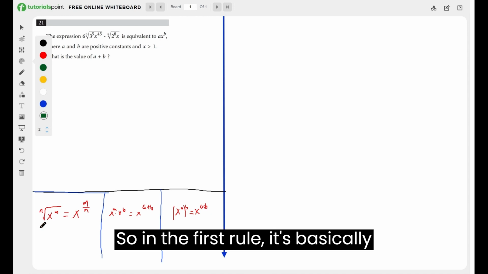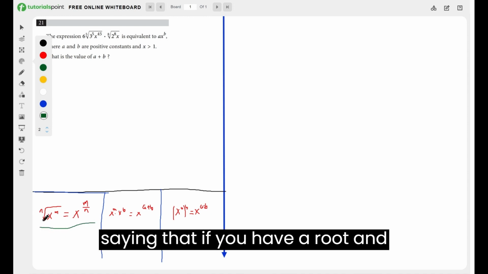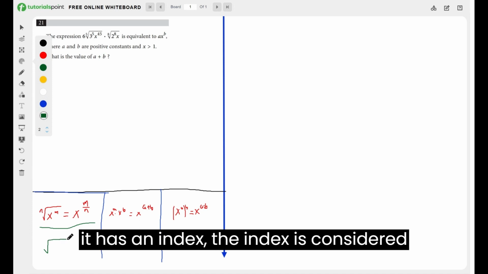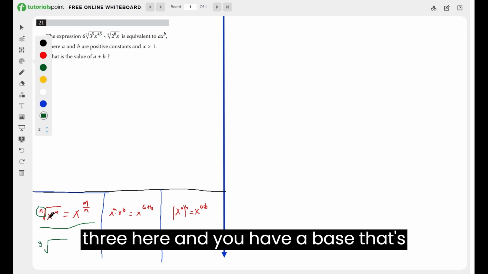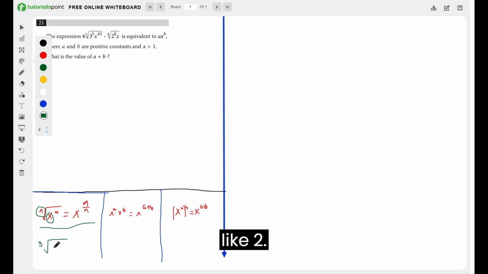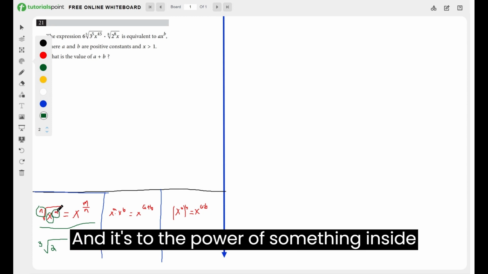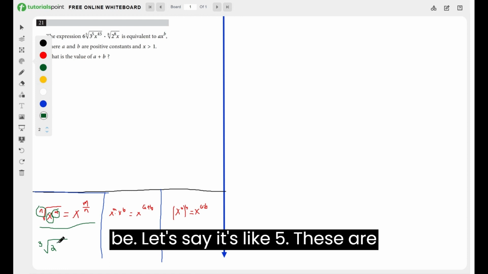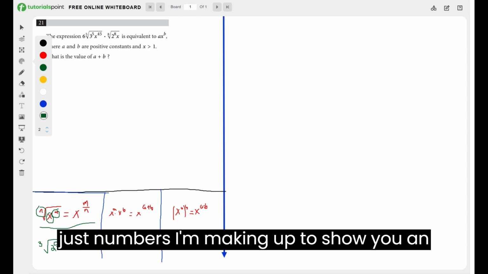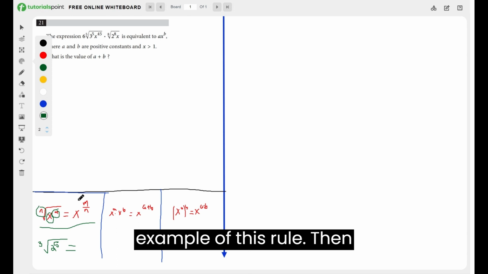So the first rule is basically saying that if you have a root and it has an index, the index is considered n. Let's say the index was 3 here, and you have a base like 2 to the power of something inside this root, let's say 5. These are just numbers I'm making up to show you an example of this rule.